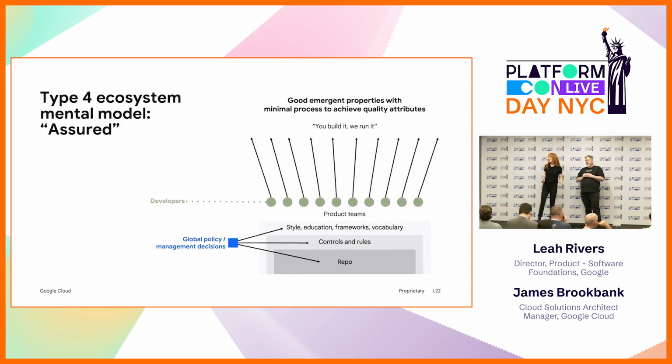So if type 2 and type 3 are you build it, you run it, type 4 is you build it, we run it. This is kind of how it works in the large mono repo we have, kind of our biggest developer platform. What you get here is the ability to shift down quality attributes into the platform itself, like the ability to take things off of developers' plates.